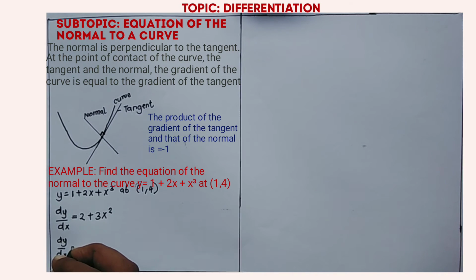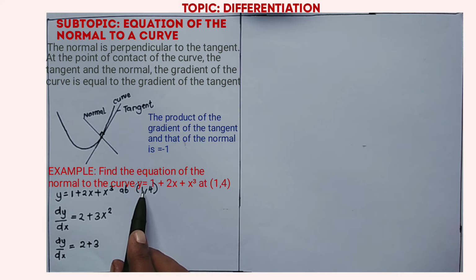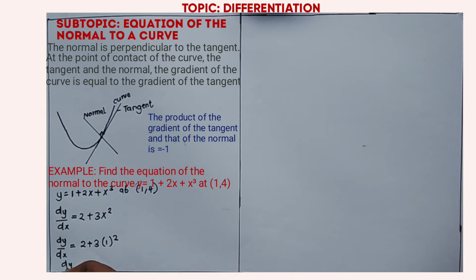So dy over dx is equal to 2 plus 3x squared. I substitute the value of x, which is 1, into the bracket. So dy over dx is equal to 1 squared, which is 1, times 3, that is 3, plus 2, which will be 5. That is the gradient of the curve.